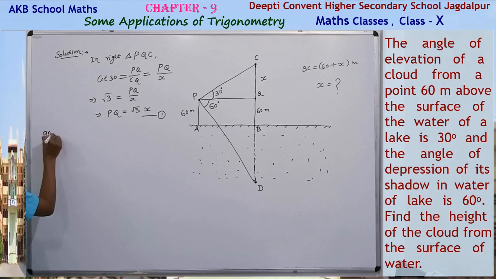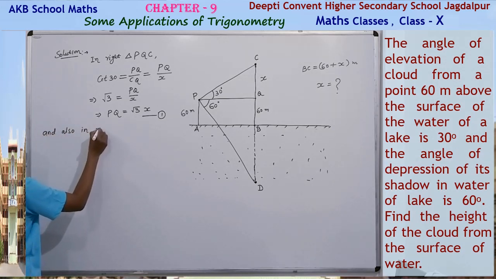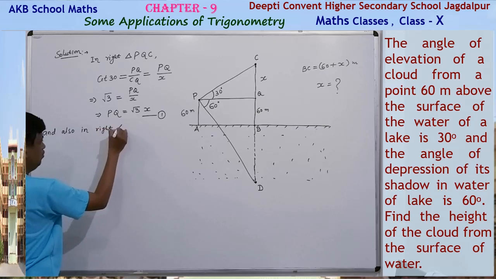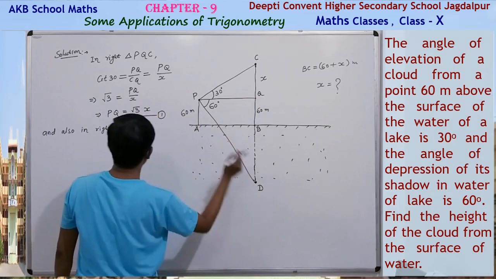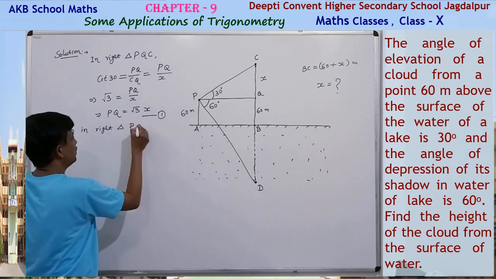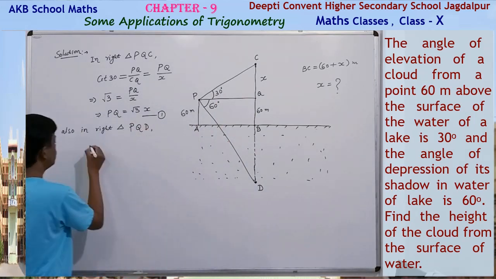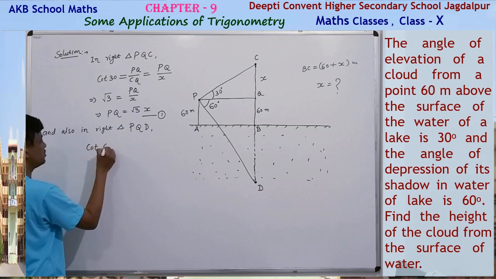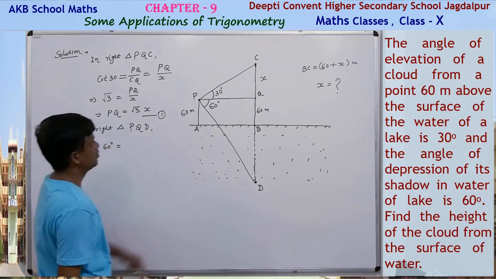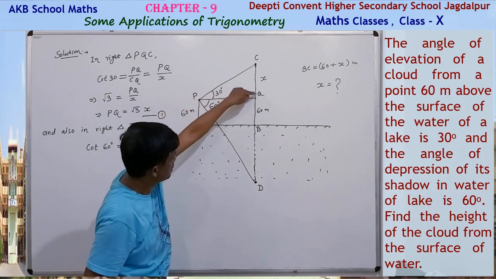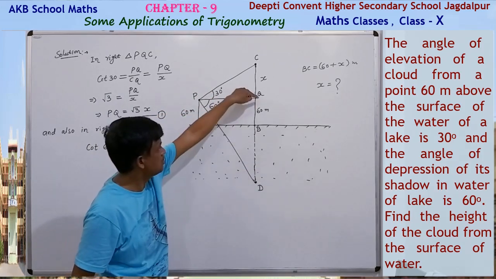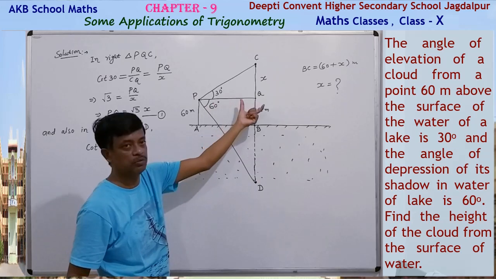And also in right triangle PQD, cot of 60 means the perpendicular is QD, the base is PQ.